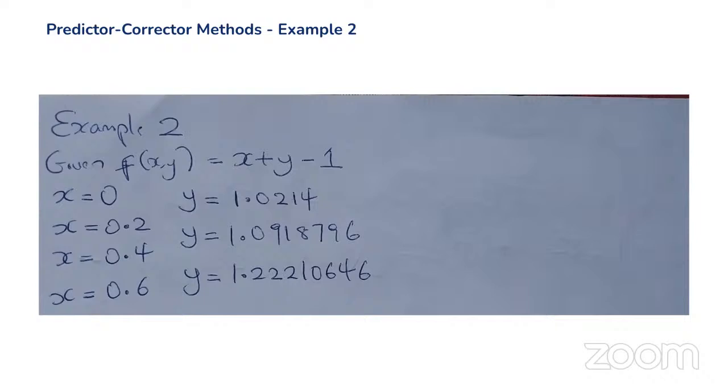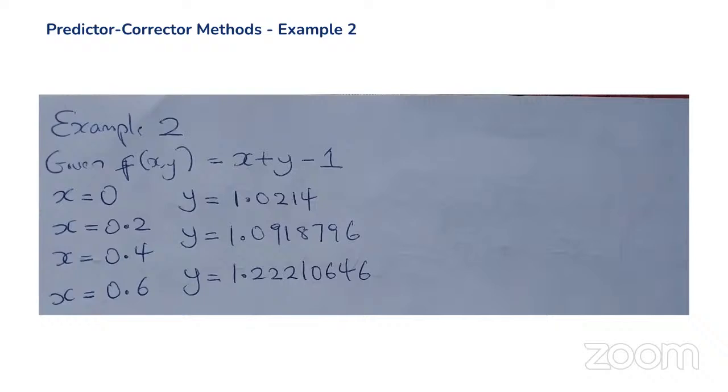Now, you said your initial point for x is 0, right? Yes, sir. Now, let's do a simple mapping. Let's start from x equal to 0.6. Let's say that is our x minus 3, which tallies with y minus 3 equals 1.222 something.